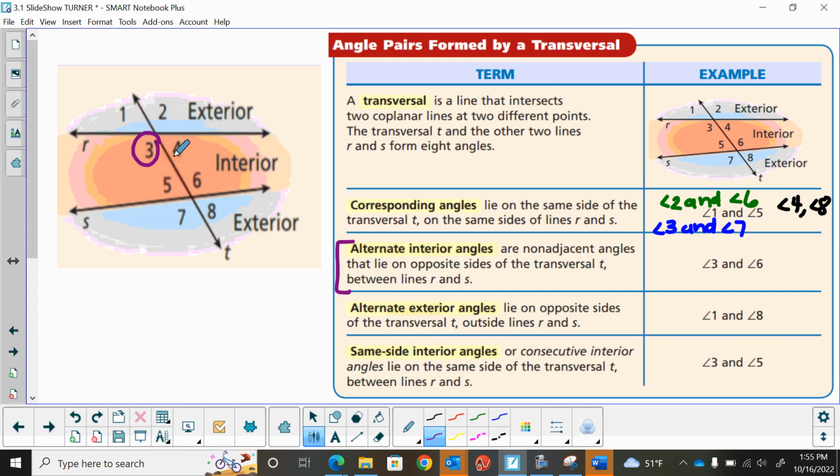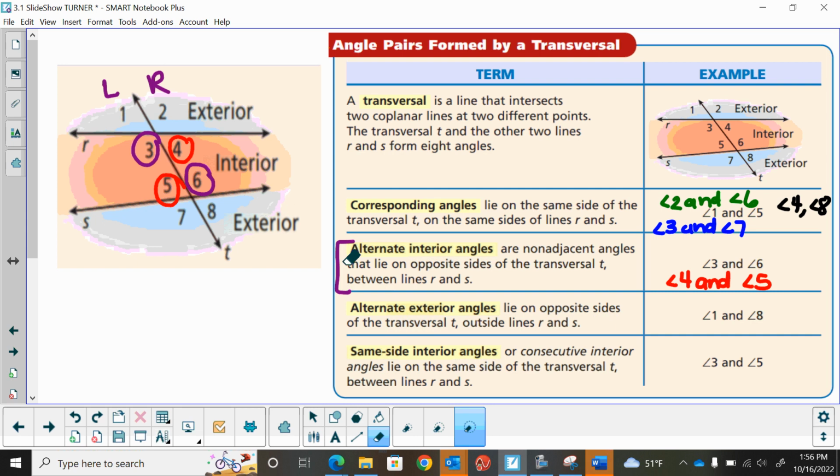You have 3 and 6 as one, because they're both in the interior. 3 is on the left, 6 is on the right of the transversal. Or the other pair would be 4 and 5. 5 is on the left, 4 is on the right. So 3 and 6 is one pair, 4 and 5 is the other pair.